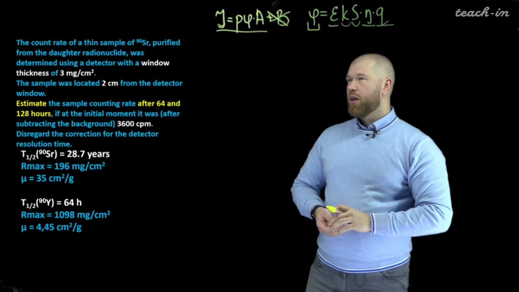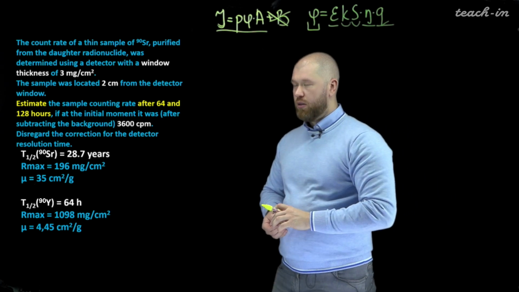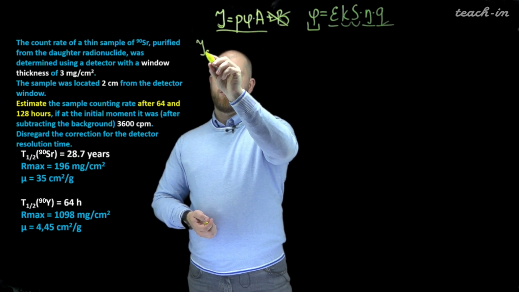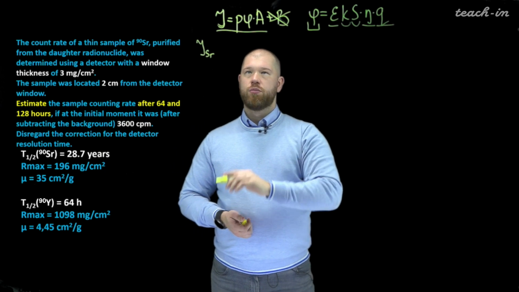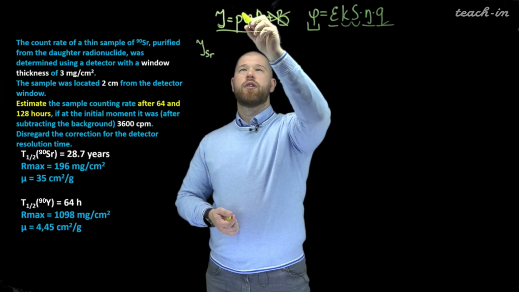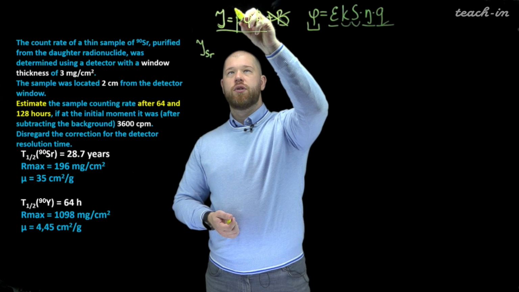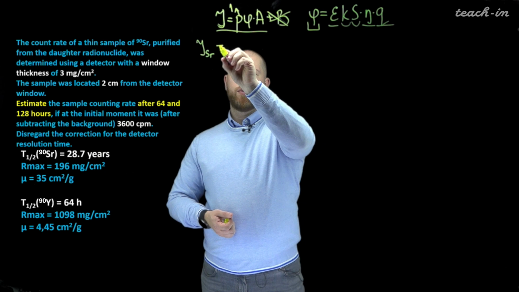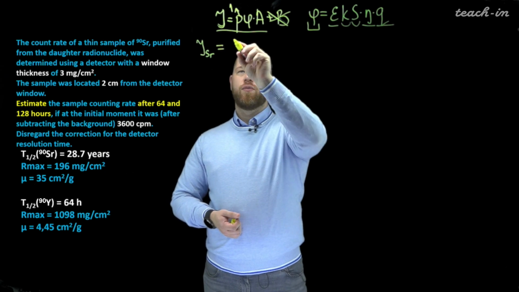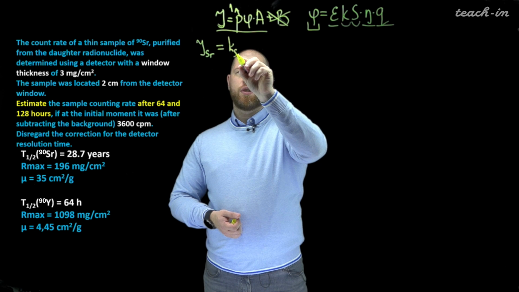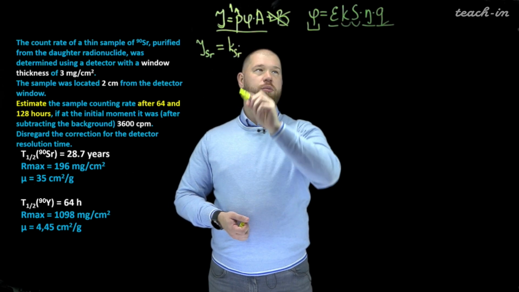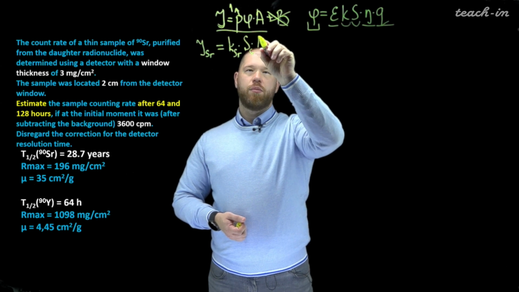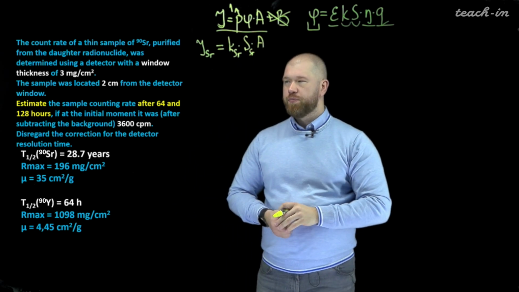So, what can we write in this case? We can write the count rate of strontium, and also, I forgot that the probability for these two radionuclides is equal to 1. So we can simply write that for strontium, it will be the attenuation coefficient multiplied by the self-attenuation coefficient and multiplied by the activity of the sample.